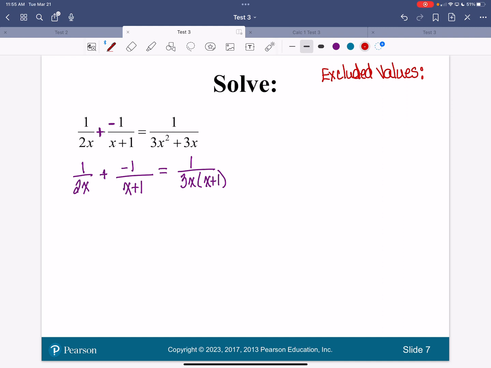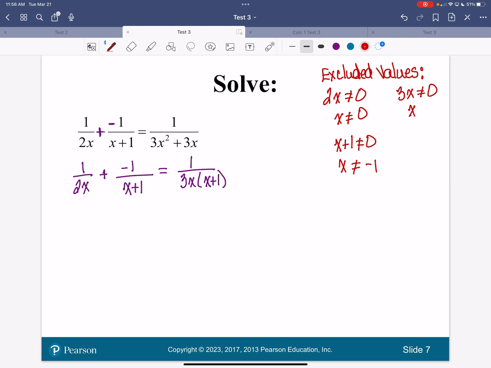So right here, I've got a 2x. So that 2x cannot be 0. What is it that x cannot be? 0. Can't be 0. Good. Here I've got another x plus 1, so my x plus 1 cannot be 0. So what is it that x cannot be? -1. I've got one more denominator that I need to worry about.